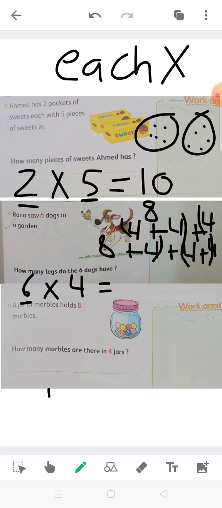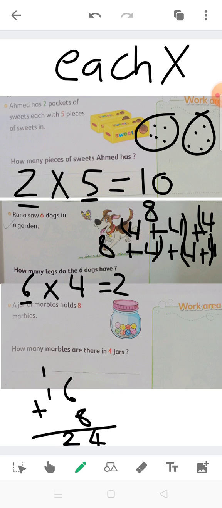Let's make a draft here. 16 plus 8. 6 plus 8, what does it equal? Equals 14. 14. 1 plus 1, 2. So the answer will be 24. Or we can draw like this, 6 groups of 4 elements in each group.